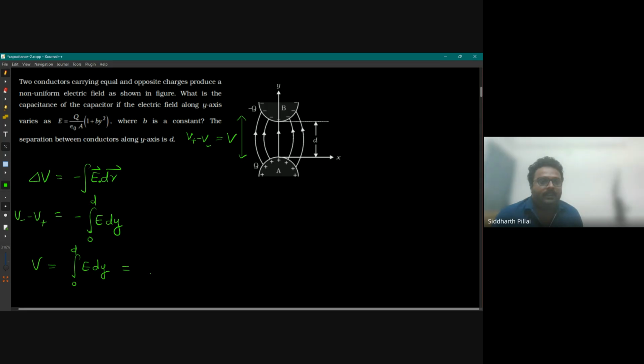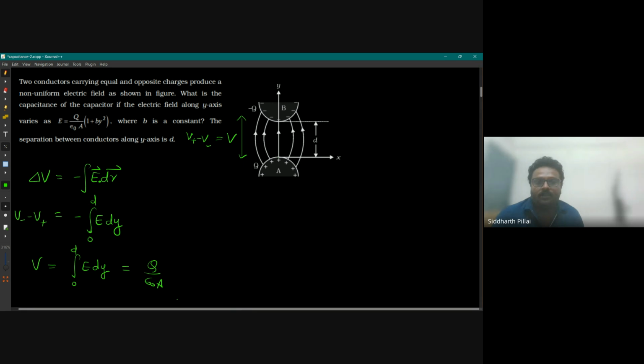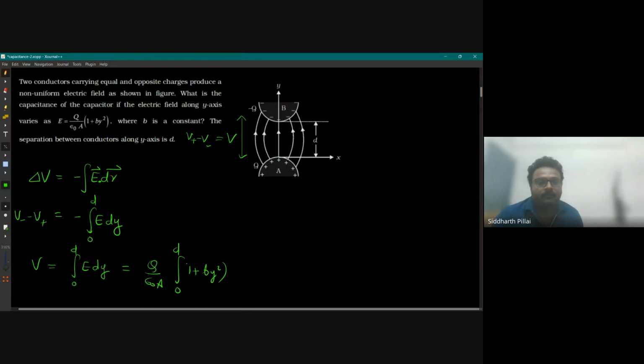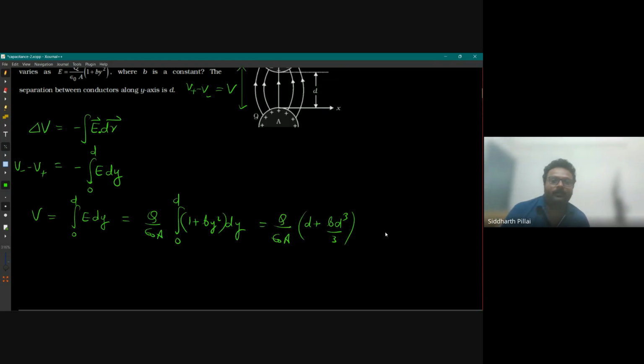And this you can easily integrate. It's just a polynomial. Q by epsilon naught A is a constant. You can keep it outside. Integral 0 to d of 1 plus b y square. So this is nothing but Q by epsilon naught A into d plus b d cube by 3. Correct?